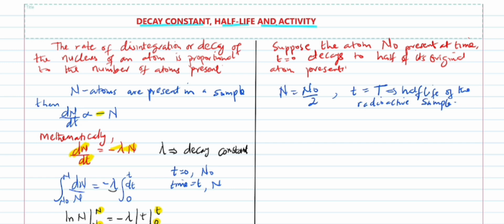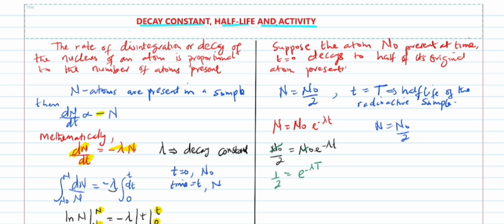So we can go back to our equation, N is equal to N naught e to the minus lambda t, but N is equal to N naught over 2. Substituting, we have N naught over 2 is equal to N naught e to the minus lambda t. We can cancel out N naught, so 1 over 2 is equal to e to the minus lambda t.